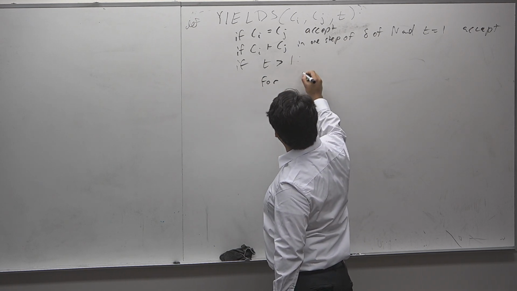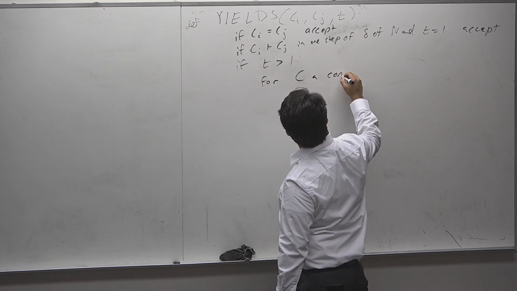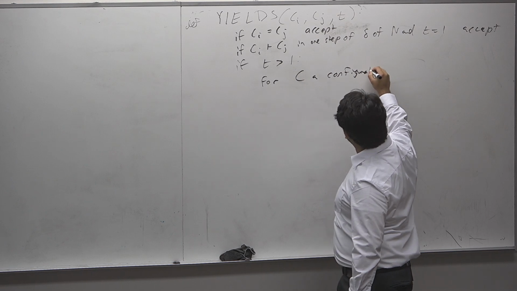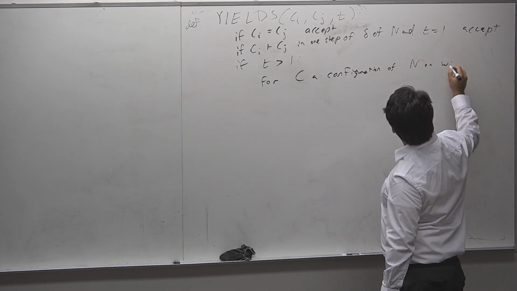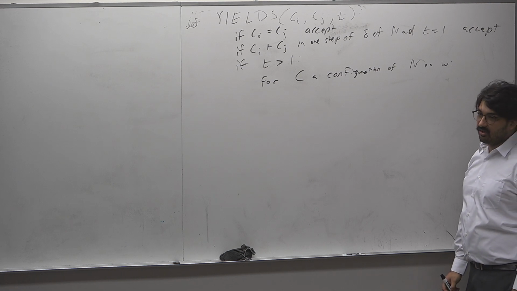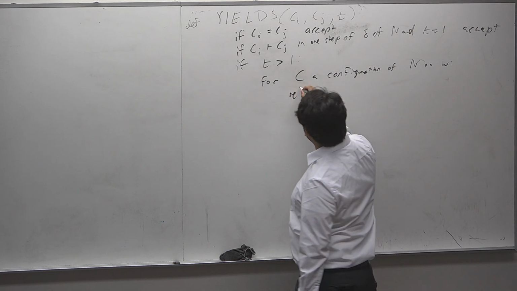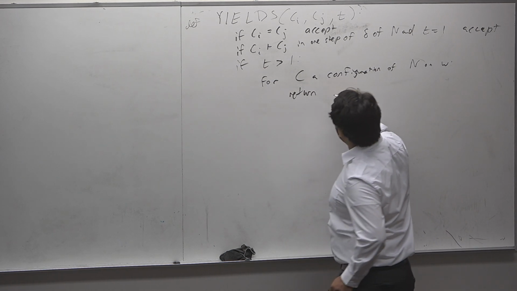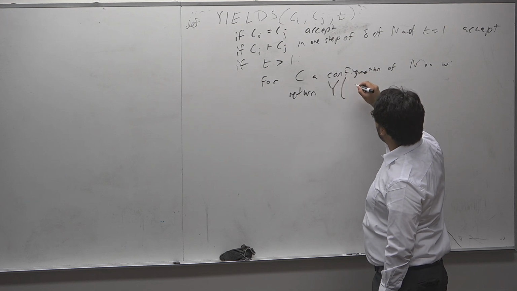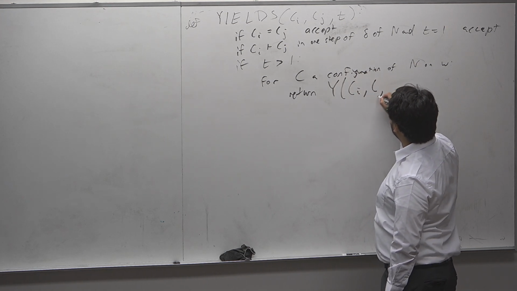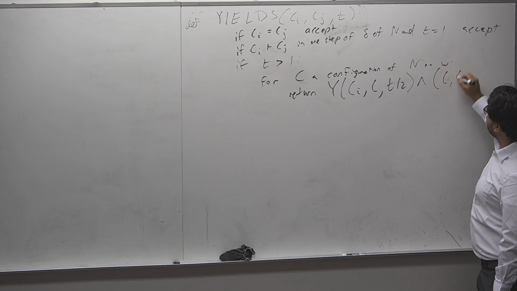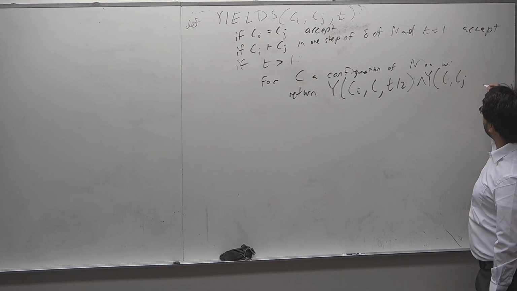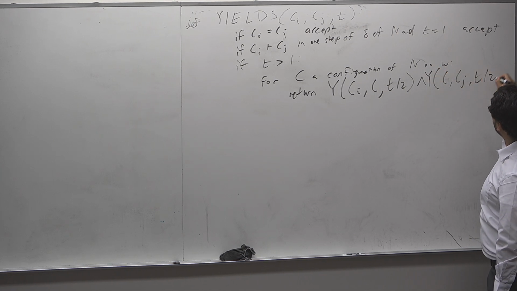For C, a configuration of N on W, brute force search for such a configuration, and return, I'll just say Y here for space, Y of CI, C, T over 2 and Y of C, CJ, T over 2.